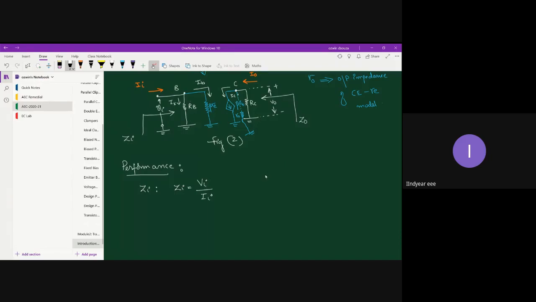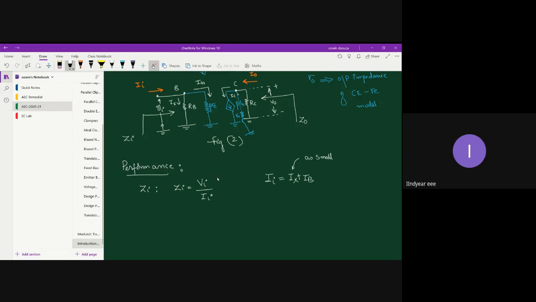If I apply KCL at node B, I get input current as Ii and output current as Ix plus IB. Of course, for approximation's sake, you can always consider this Ix as small, because normally the base resistor is very large.